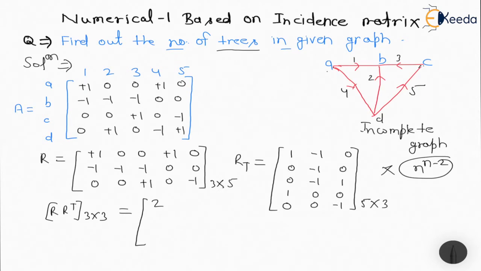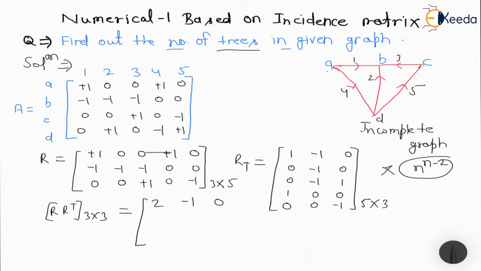Again we multiply this first row with the second column: 1 into minus 1, and the rest 0, so it will be minus 1.